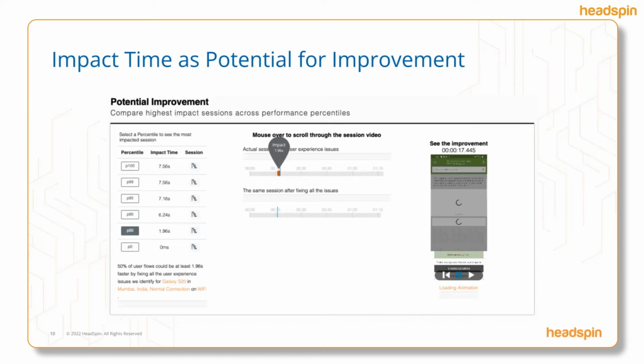If you keep improving the impact time for a particular issue or for a particular session, then you're improving your application, you're improving your performance, and eventually you will improve your user experience. Unfortunately, I don't have a live or interactive demo that I can share with you of this, but this was a pretty cool feature from a previous iteration of the product.